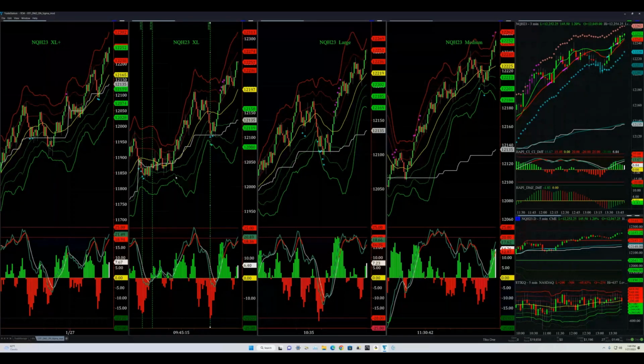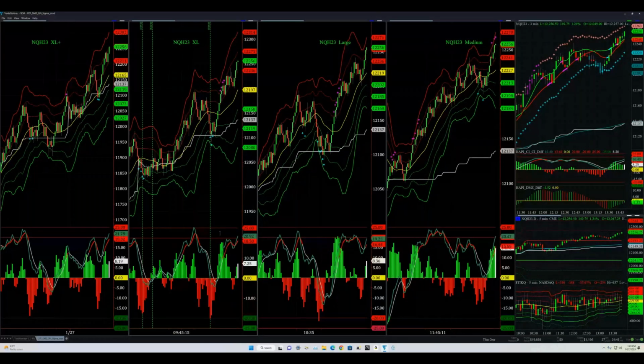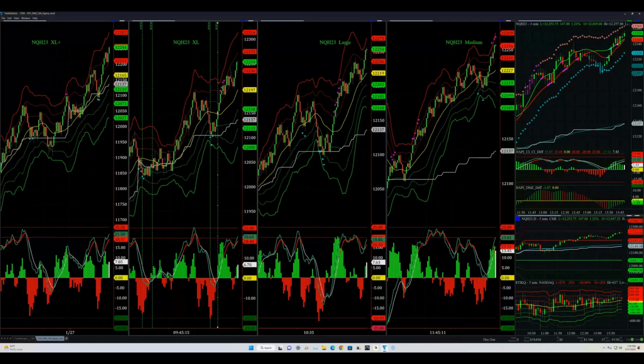So anyway, just to recap again, I use this blue line over and under 0 as the trend, and it just went over 0 here. I'll mark that one more time. There you go. So the trend's been up since this bar right here, roughly, and this was our pullback.